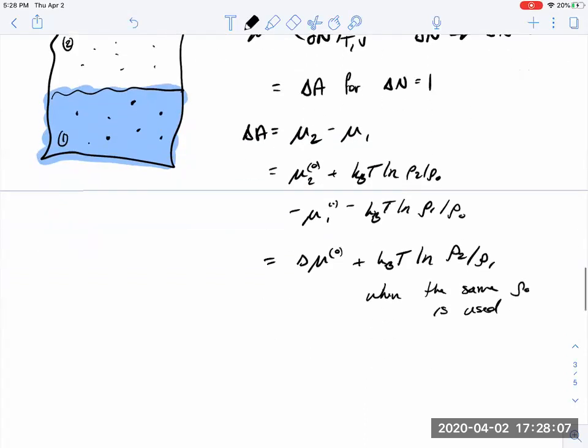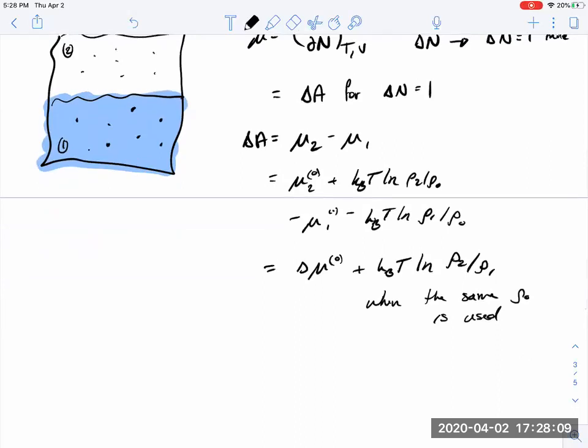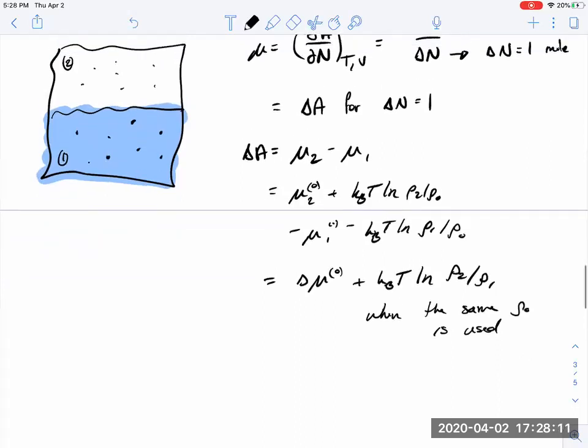So let's reflect on that. We've just sorted out that if we were to move one molecule from phase 1 to phase 2, we can actually compute the change in the Helmholtz free energy for doing that, and it will have a piece that gives us a change in the standard state chemical potentials plus kBT log the ratio of the densities of those two phases.